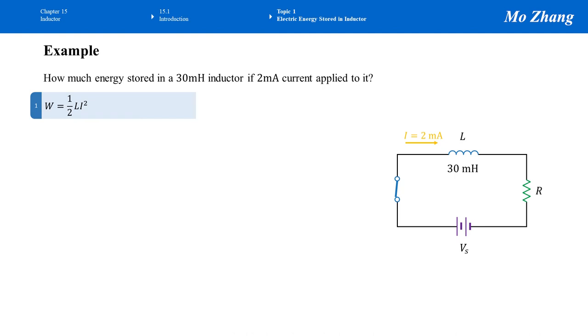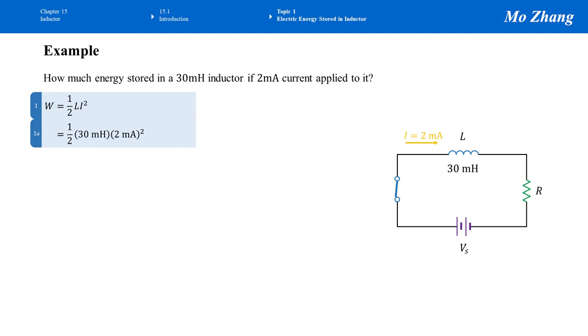The energy W equals 1/2 Li squared, and now let's plug in those numbers. 1/2 times inductance L, which is 30 millihenry, multiplied by the current squared, which is 2 milliamps squared.